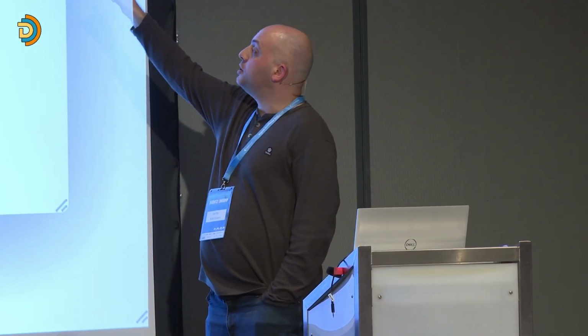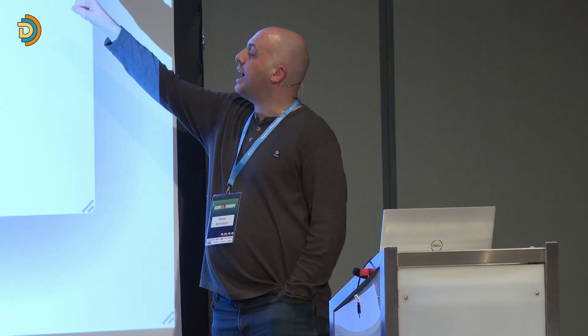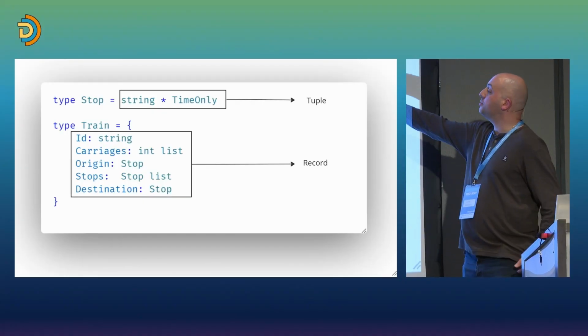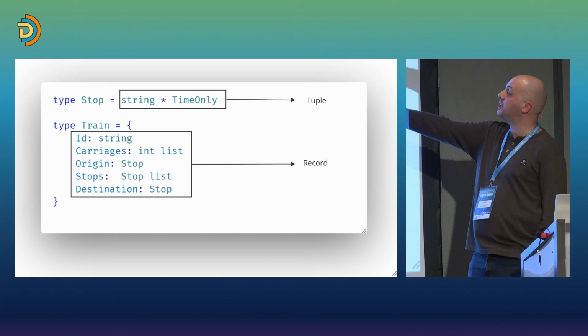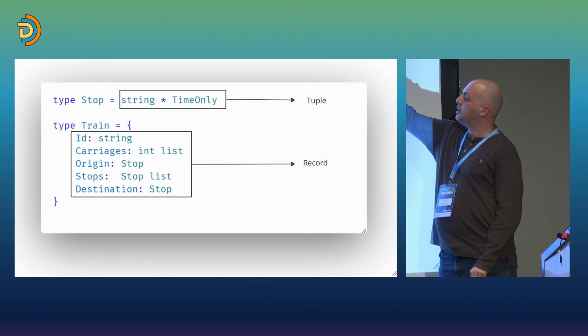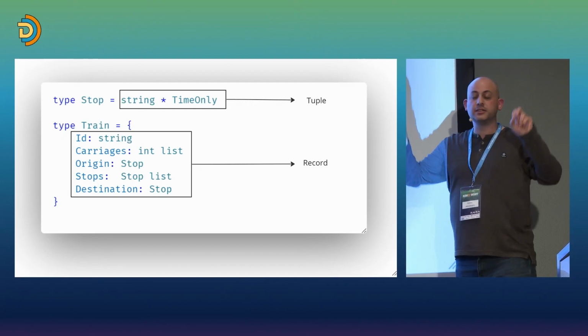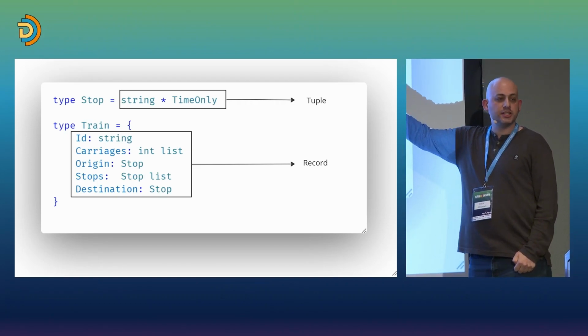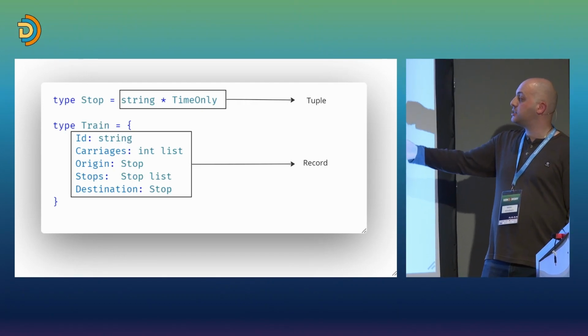The top thing is called a tuple, so string and TimeOnly. And the bottom is a record, where you can do the same thing, but with names. The important thing to understand here is that this represents an "and": ID and carriages and origin and destination and some stops.